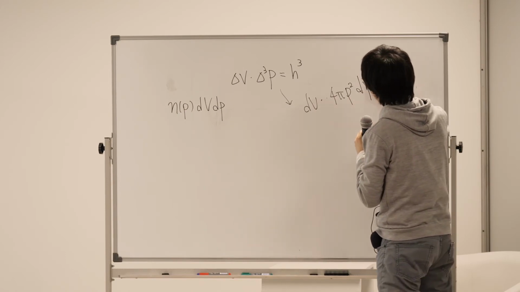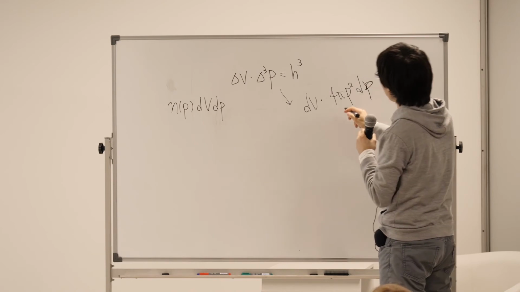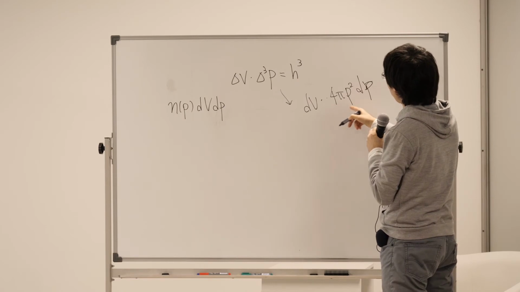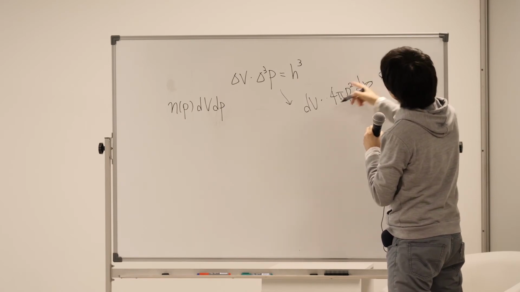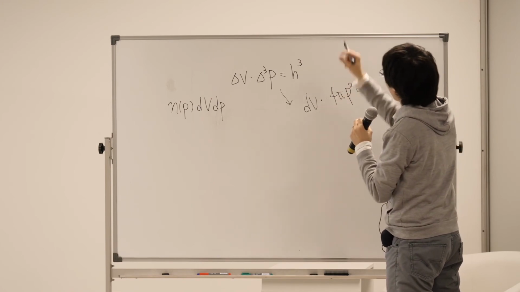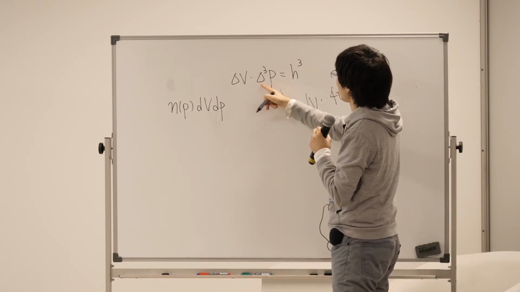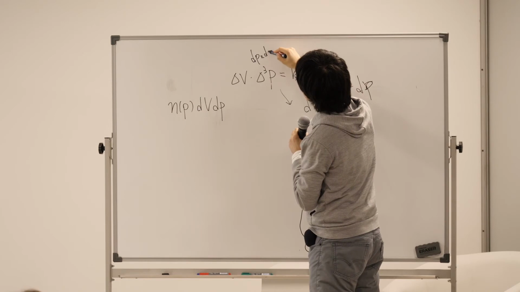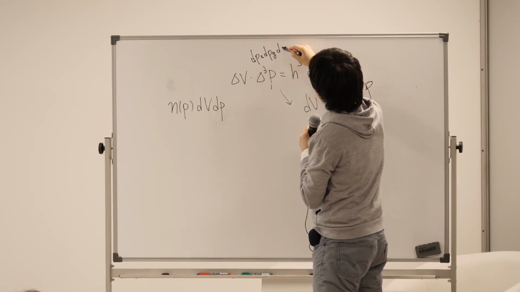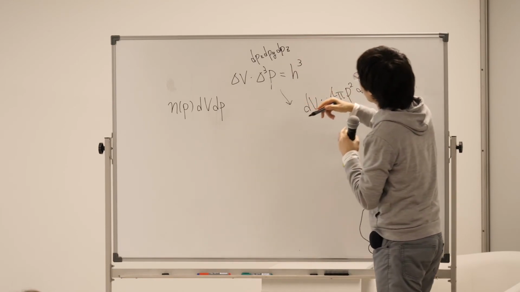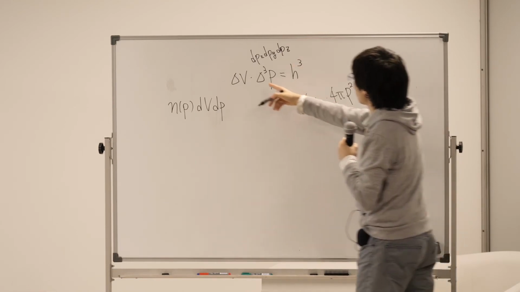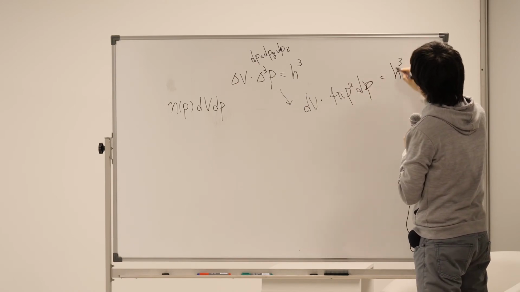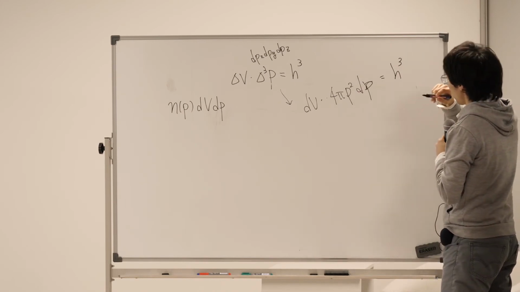That basically gives you the number of the... I mean, this is the volume of this, d³p, which is dpx dpy dpz. If you think about the radius coordinate, then this can be written in this way, and this is now h to the third.